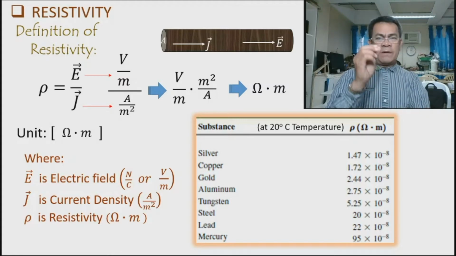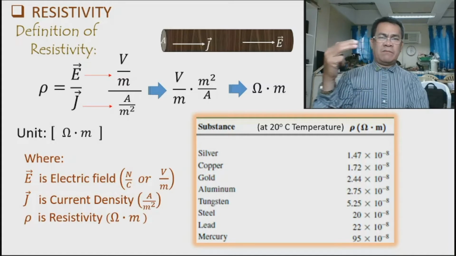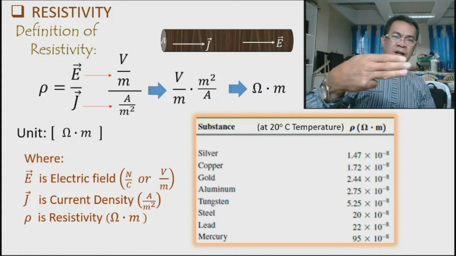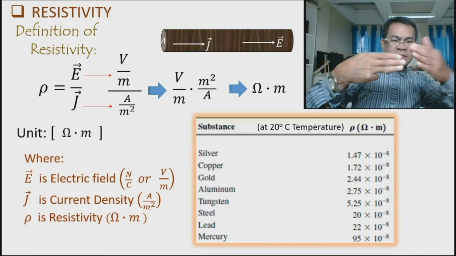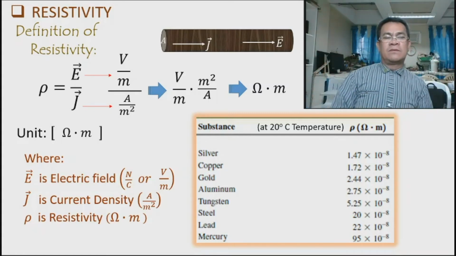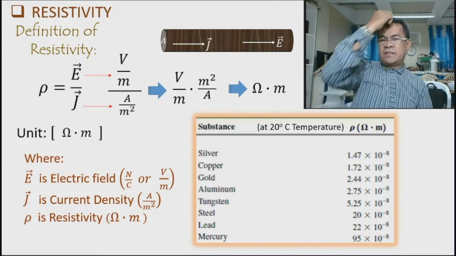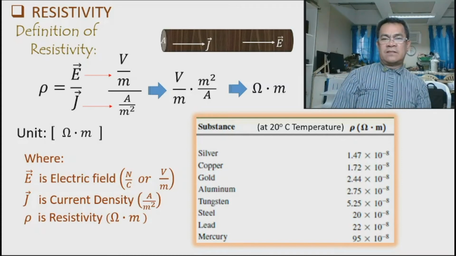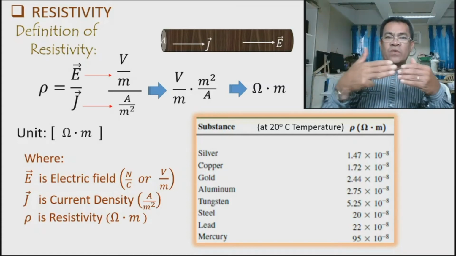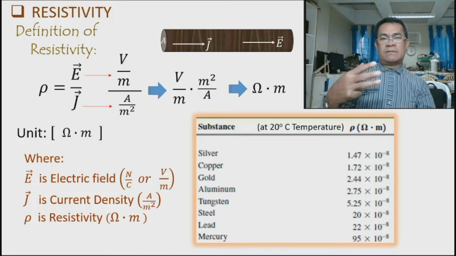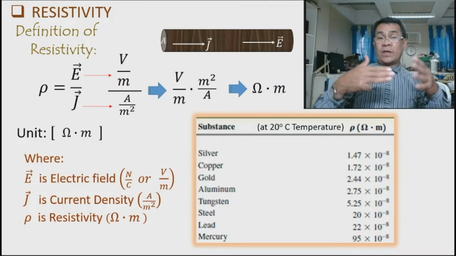From the word resist, it will resist the current not to flow. So you can imagine water flowing towards this direction, and the resistivity opposes the flow, which means that if your resistivity is greater, then the flow of current will reduce, or the flow of electrons will reduce also.